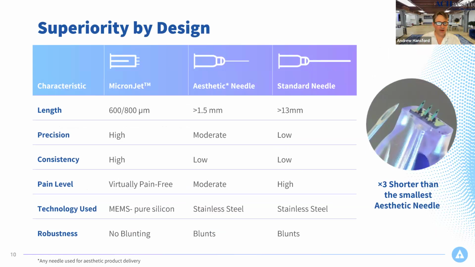As we've already said, the difference is quite shocking in a way. You've got 1.5 needle with a static needle, and standard needle is 13 mil. The precision for MicronJet is extremely high because every single time it's the same. With a standard needle, it's pretty low because, again, like I said, it's the injection depth, how far we're going, how much product am I placing in.